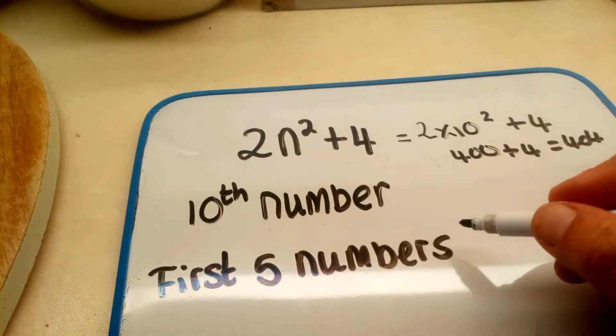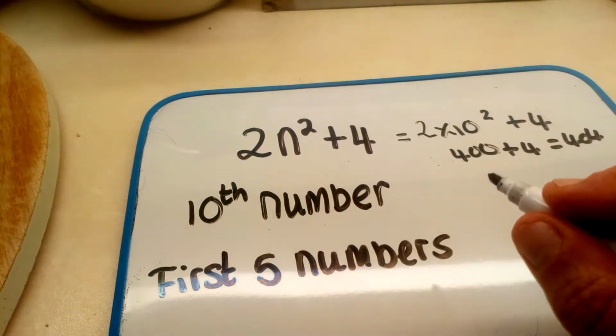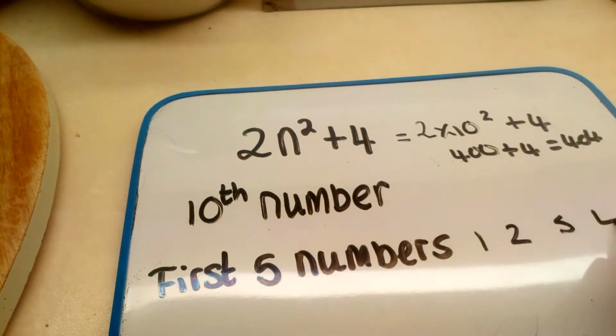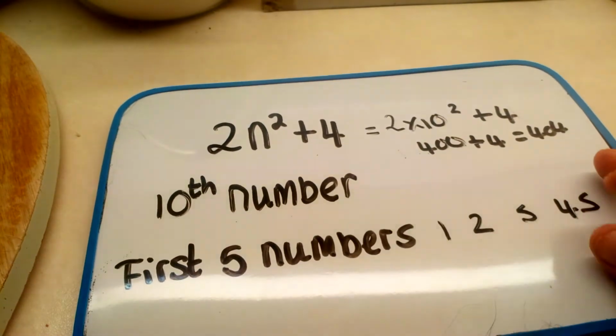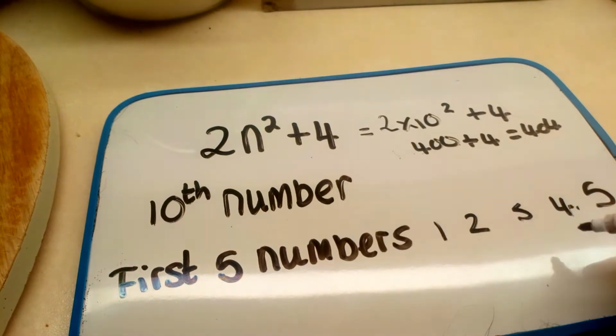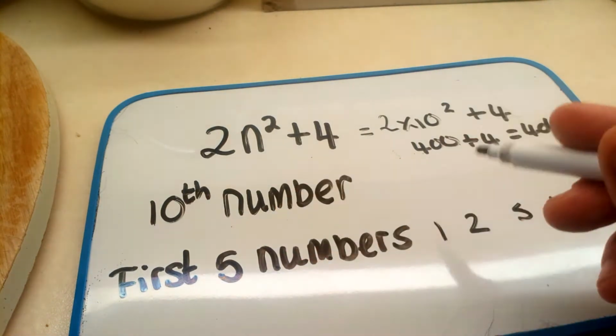Okay. If it's asking you for the first 5, the easiest thing to do, first of all, is to write out 1, 2, 3, 4, 5. Okay, let's move that along a little bit so it doesn't look like 45. So this is our formula.